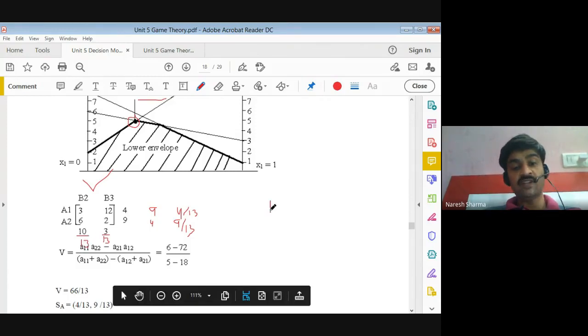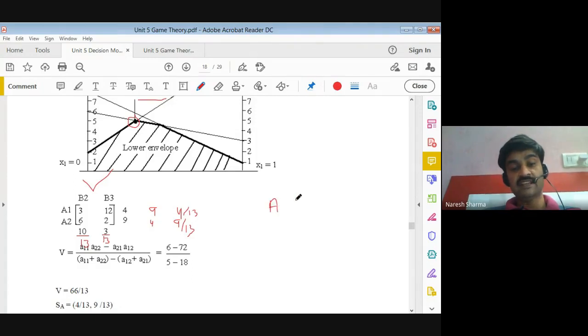That means the optimal strategy for player A is here, as here B1 and B3 are showing. So here your A1 is showing, A2 is showing, but A3 is not available. So A1 probability is your 4 by 13. A2 probability is your 9 by 13, and A3 is not in this last matrix.